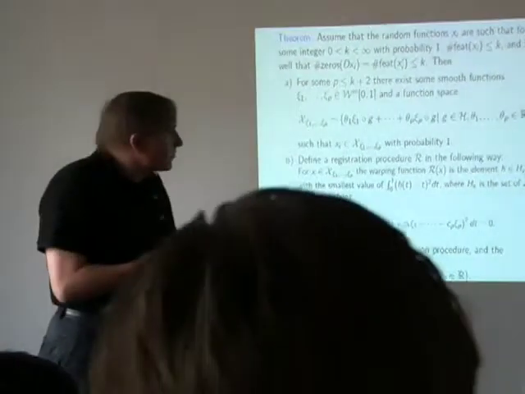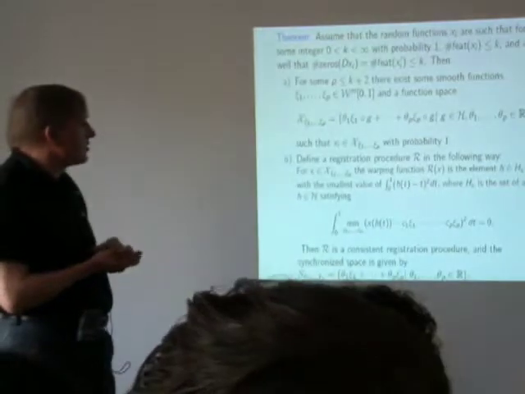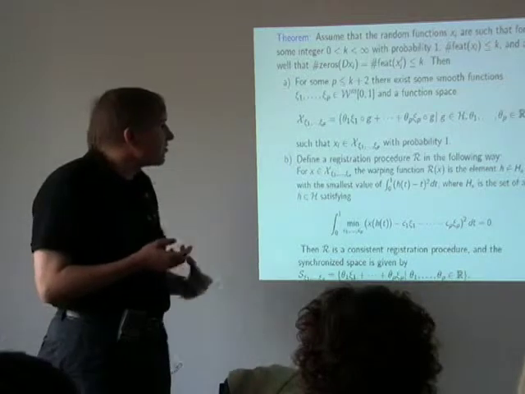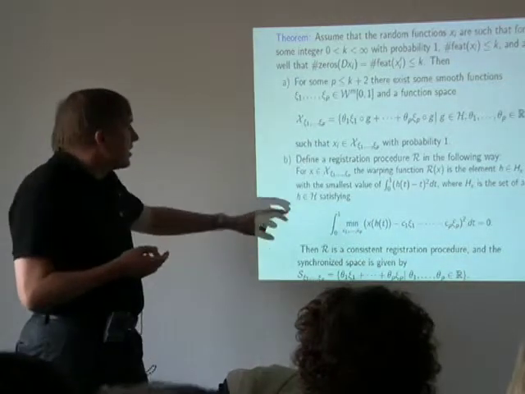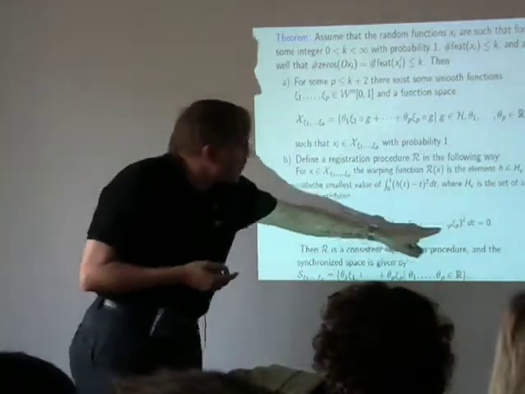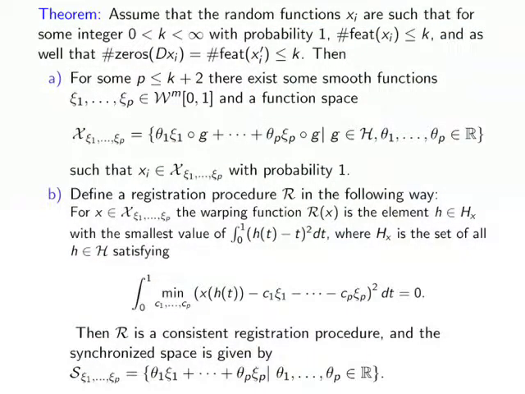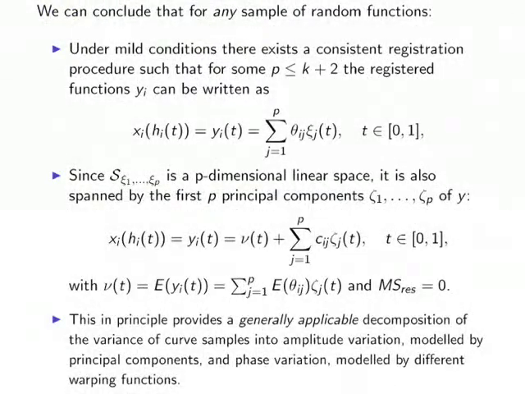And then you can from this define a consistent registration procedure: for any x, the warping function is the element of H which is the smallest value, where this is the set of all h satisfying that the registered function is well explained just by a linear combination of these basis functions. And of course, these basis functions you can identify with the eigenfunctions of the covariance operator of the registered curves.